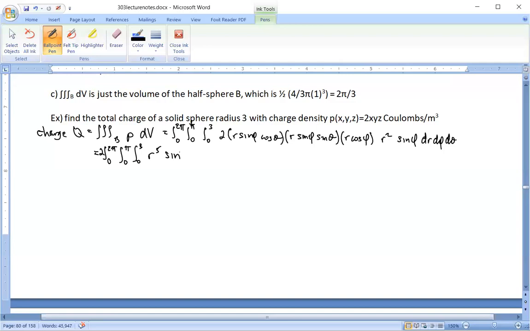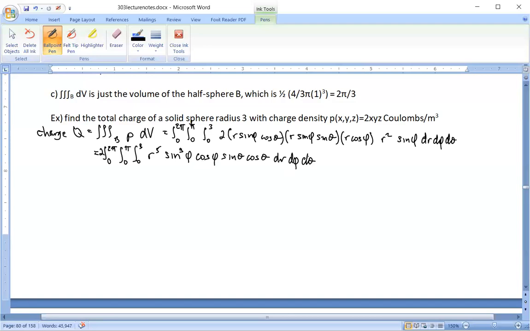So I've got a sine cubed phi. And then I've got a cos phi. And I've got a sine theta, cos theta, dr, d phi, d theta. Okay. So there's the integral simplified.